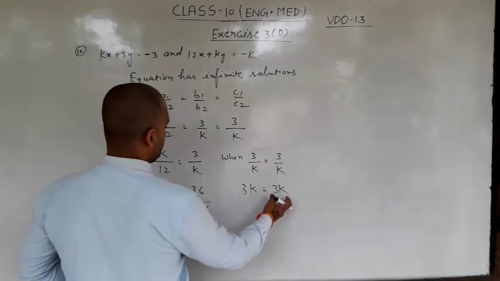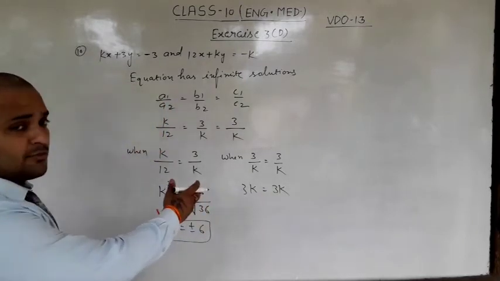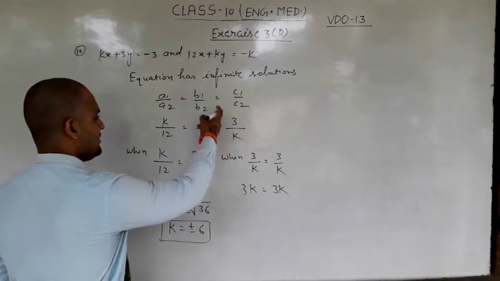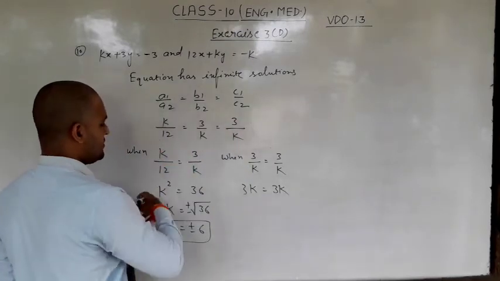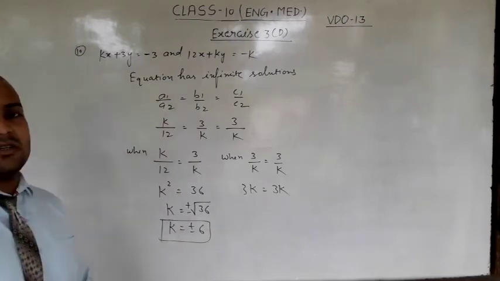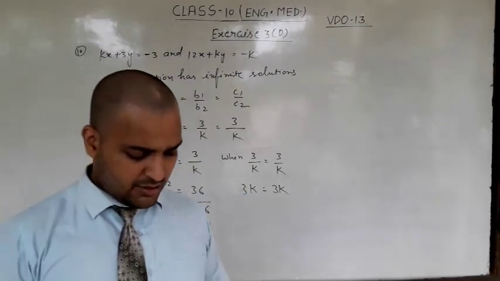There is no solution from here because 3k cancelled, then 1 is equal to 1. This condition is not giving us any solution. Here k square is equal to 36, then k is equal to plus minus 6. Okay, so that was question number 10.